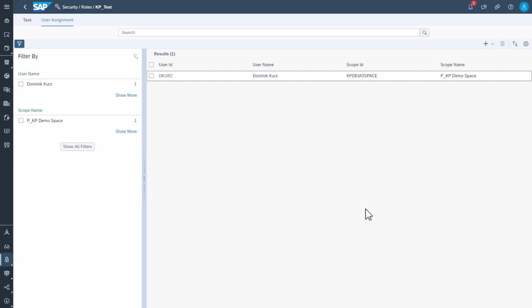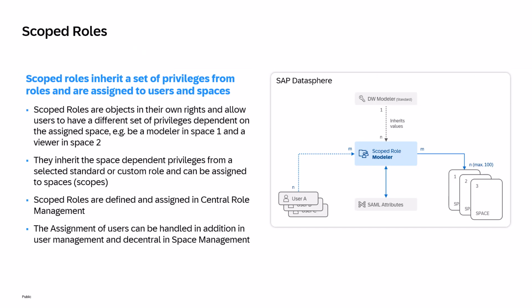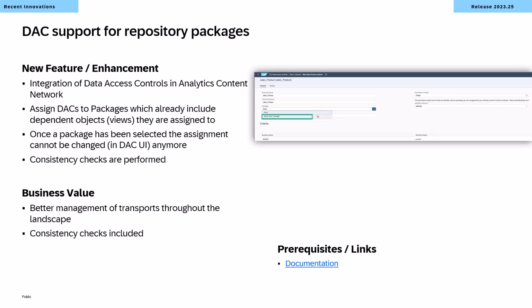Okay, then there is another smaller new feature which I also wanted to make you aware of, and that is that data access controls, which we saw in the overview of the different methods of user authorization earlier, now also support repository packages.